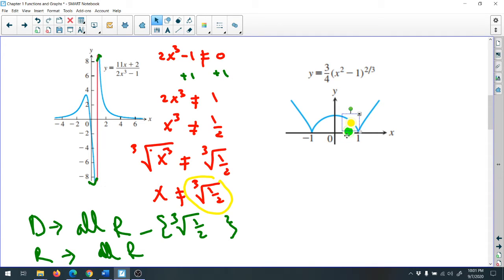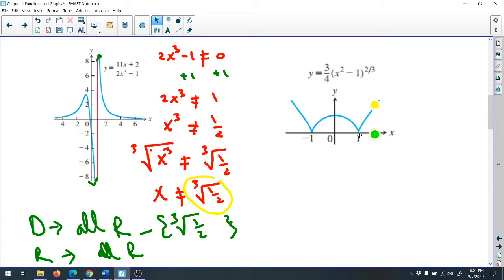Look at the green point. This green point is moving along the domain, and this yellow point is moving along the curve that we have, and this is the vertical projection of this point. You will see that the green point is moving from negative infinity to positive infinity, no interruption.